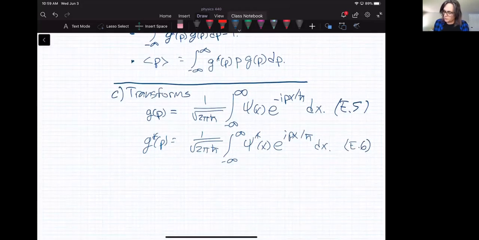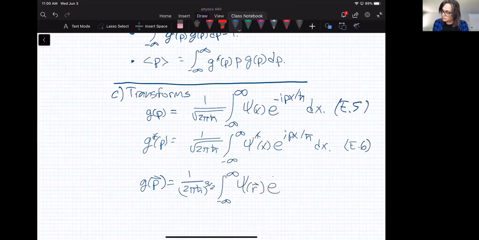And if we wanted to be more explicit, we could write this in terms of three-dimensional space. So g of p equals 1 over 2 pi h bar to the 3 halves, again, times some integral from minus infinity to infinity, psi of r e to the minus i r dot p over h bar d cubed r.